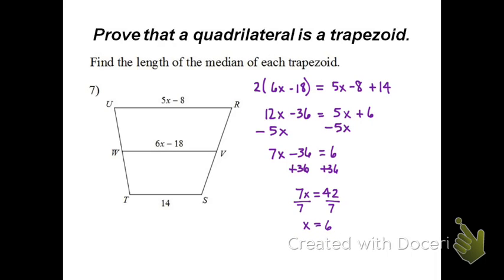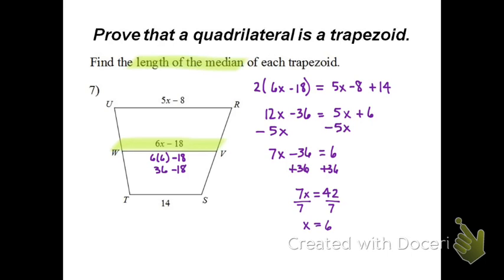Now, let's go back, and because it says find the length of the median, that's been the theme of this lesson. We're going to find the length of WV, so we'll plug our x into the 6x minus 18. So we have 6 times 6 minus 18. What is 6 times 6? 36. Minus 18.